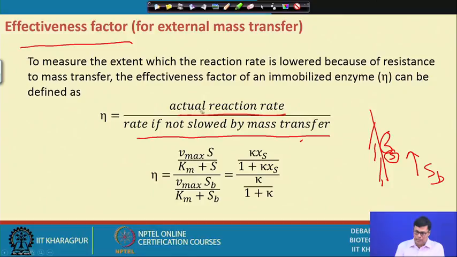Effectiveness factor is the actual rate of reaction divided by the rate of reaction when there is no mass transfer limitation, because all substrate is available for the reaction. So this is how we can write. When S is the surface concentration, we can write this equation. When in the bulk you have all substrate available for the reaction, it is this.